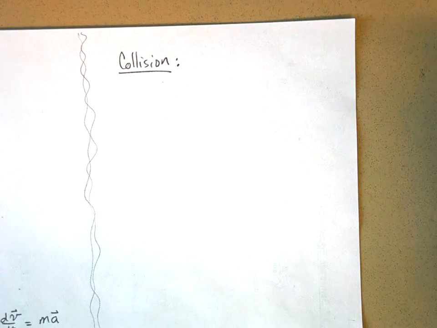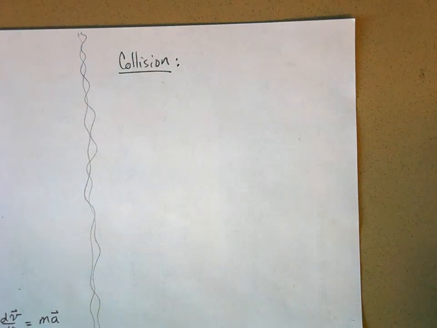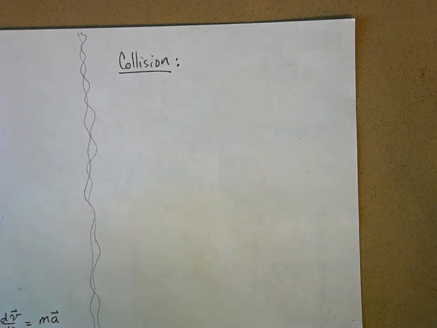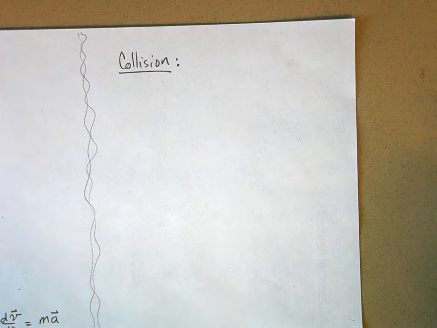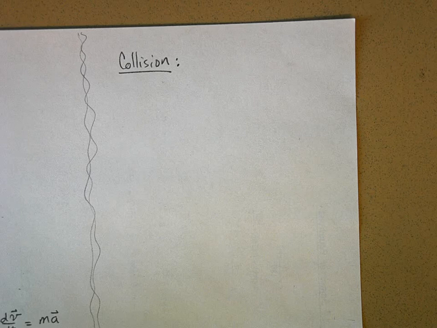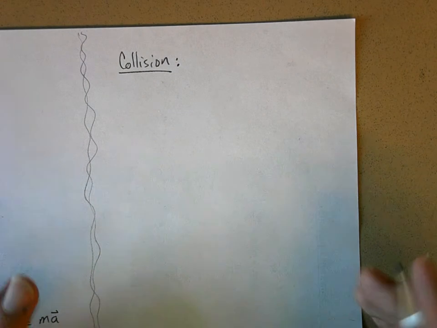That's a collision. It can be two cars hitting, two billiard balls smacking into each other. It can be two galaxies colliding with each other, but they never actually hit each other. It's a gravitational collision, and they're applying forces to each other. It can be atoms smashing into each other using the electric force. So collisions are something very common in nature and very useful, and it's a good thing to understand. So let's get going on collisions.